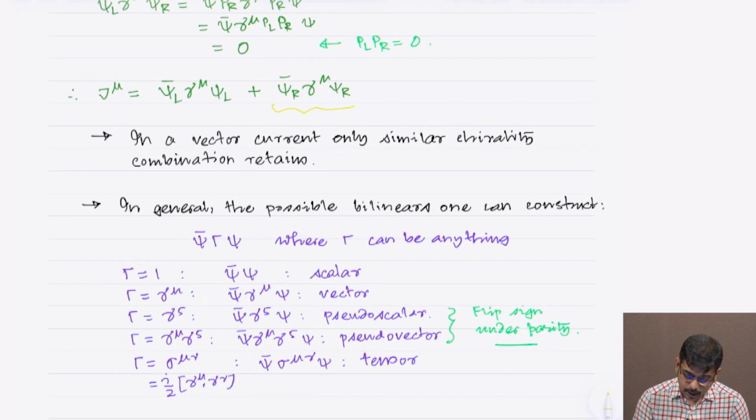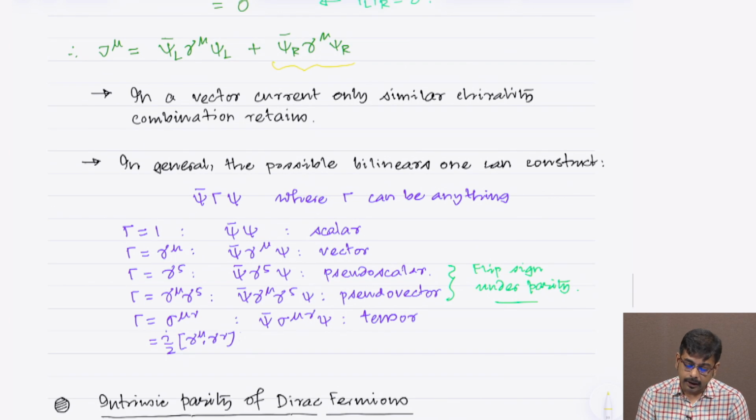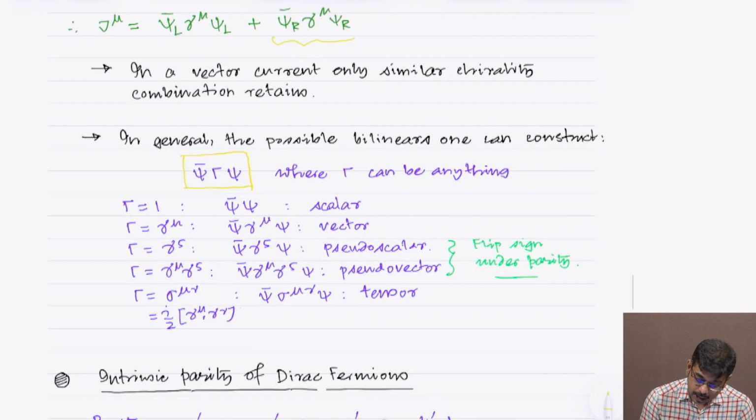So this brings us to a short preamble: in general there are different kinds of bilinears that you can define with the Dirac fermion or Dirac spinors. In general these are written like psi bar Gamma psi, where Gamma can be 1. So you can have psi bar psi, which we usually call a scalar. Gamma can be gamma^mu, and this is what we were talking about, psi bar gamma^mu psi.